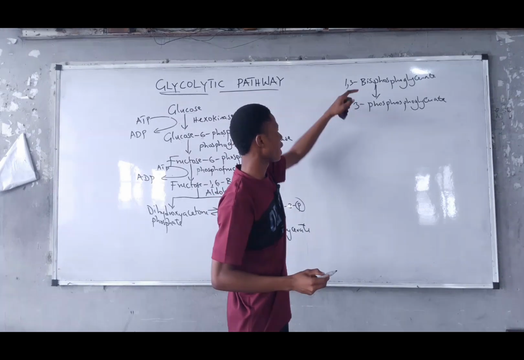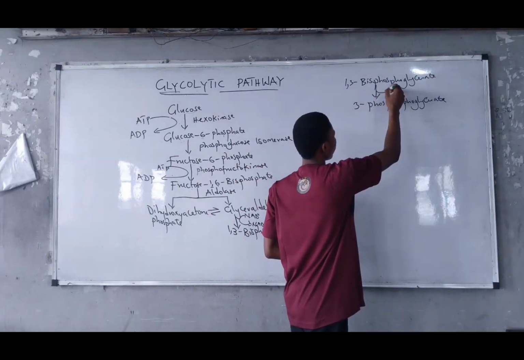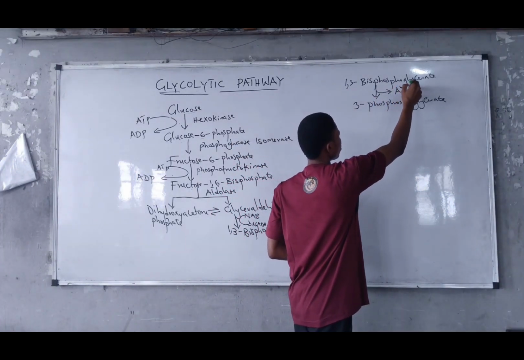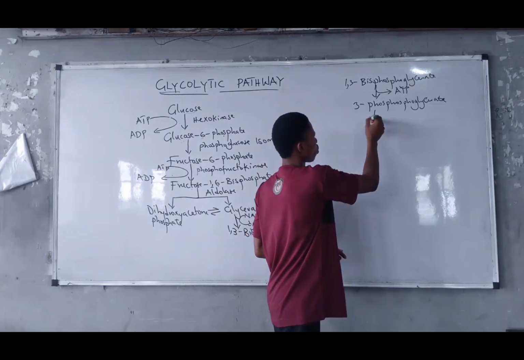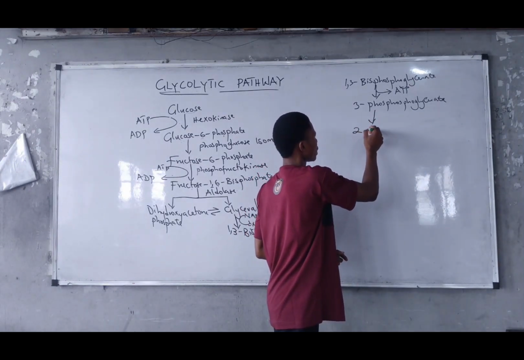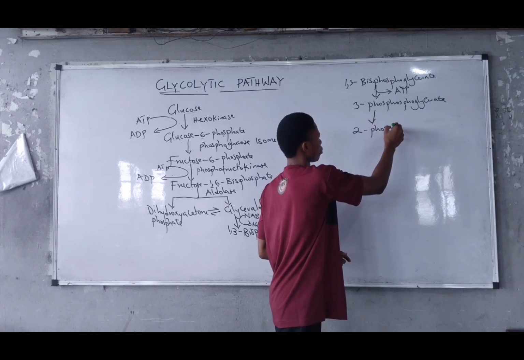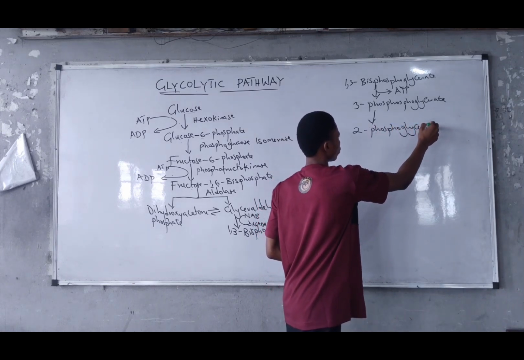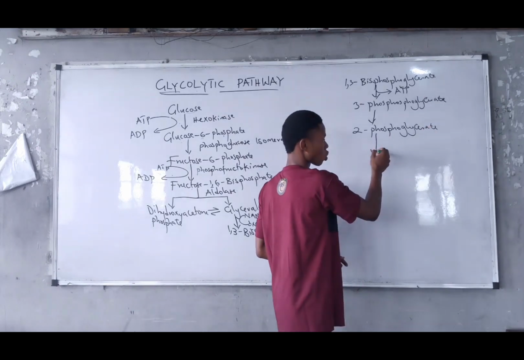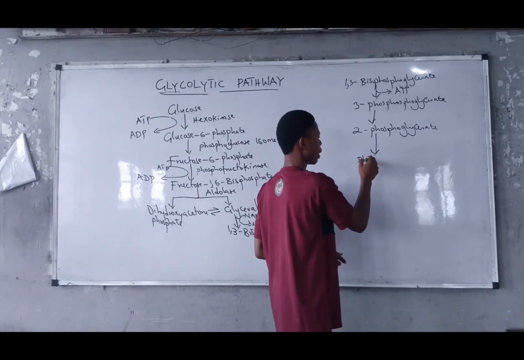So in 3-phosphoglycerate, one phosphate group has been given up in the form of ATP. So ATP is given up here. Now 3-phosphoglycerate is converted to 2-phosphoglycerate. 2-phosphoglycerate is converted to phosphoenol pyruvate.